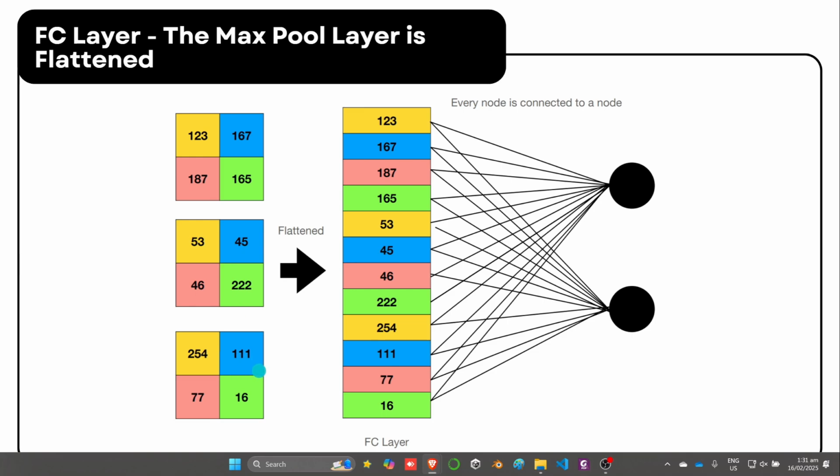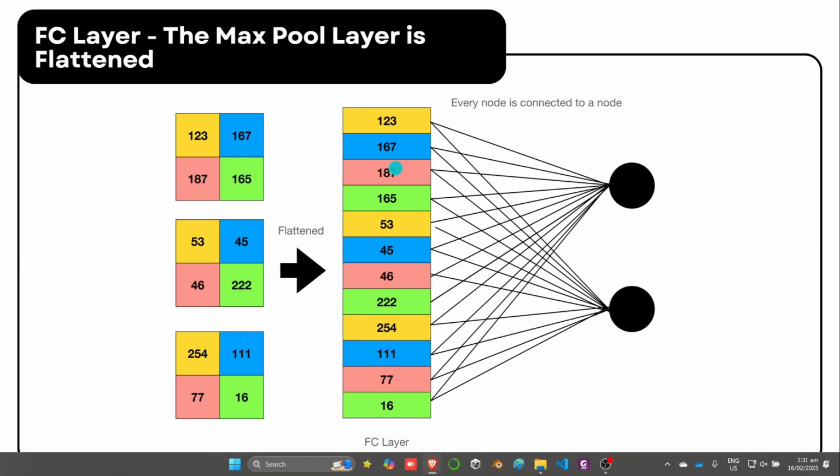So what the fully connected layer, or the FC layer, does is it simply flattens all of these filters, all of these outputs, into a single vector like this.